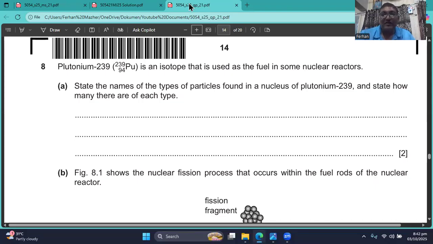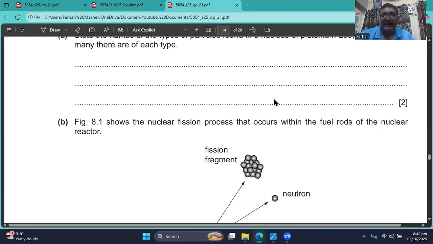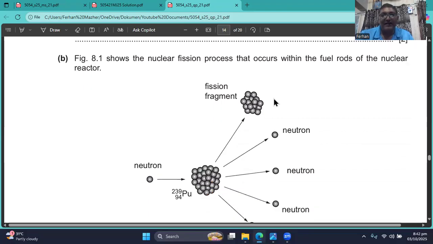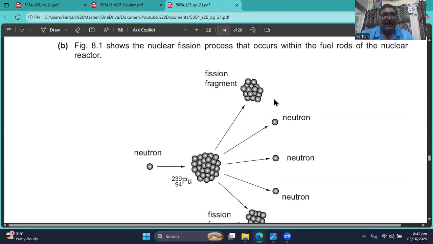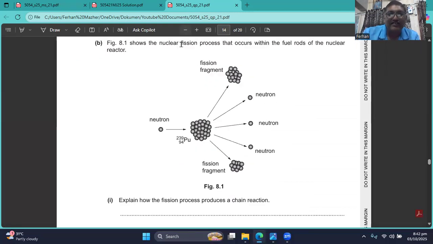And then we have question number 8, and its B part coming up on your screen. He says figure 8.1 shows the nuclear fission process that occurs within the fuel rods of the nuclear reactor. So here you see we have a neutron which is accelerated and then bombarded on the nucleus of plutonium.